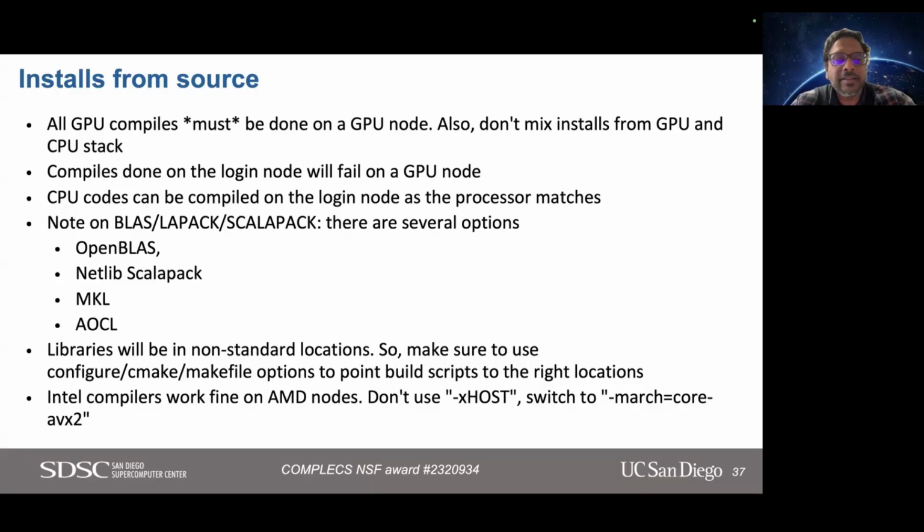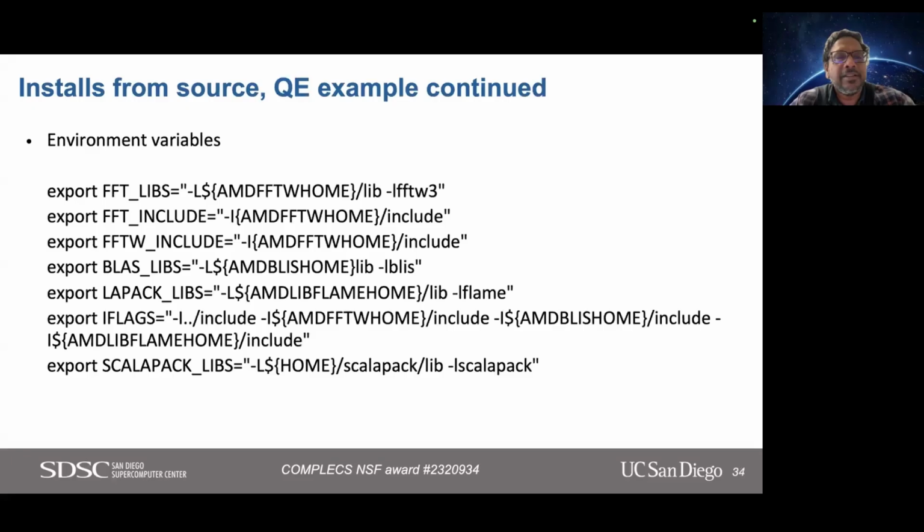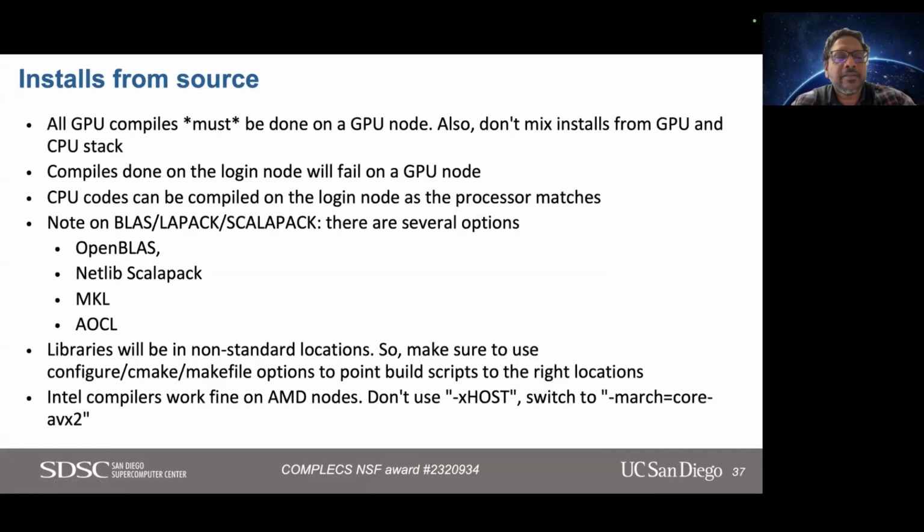Which is why, if I go back to that configure there, I am pointing FFT include to the include path, which is separate from /usr/include and so on. So you may have to do changes like that when you're building from source, especially in a makefile, where you may have to do that manually to point it to the right locations.